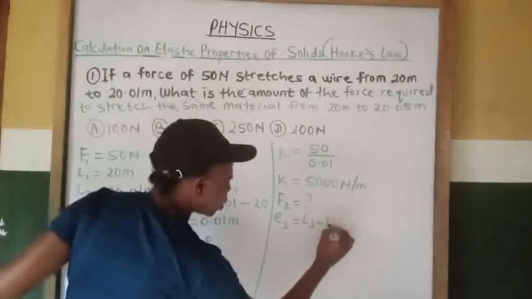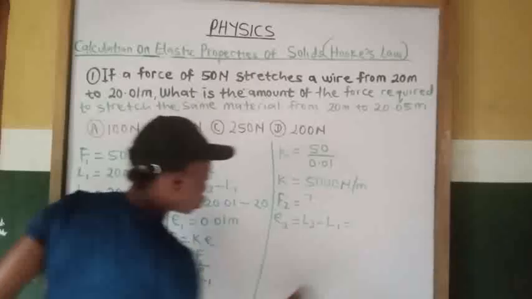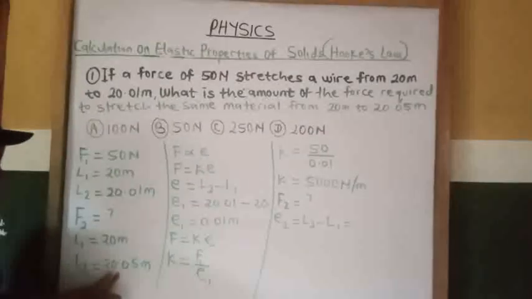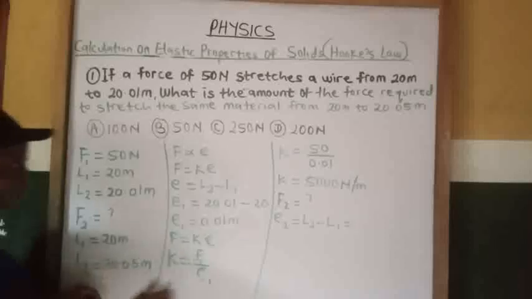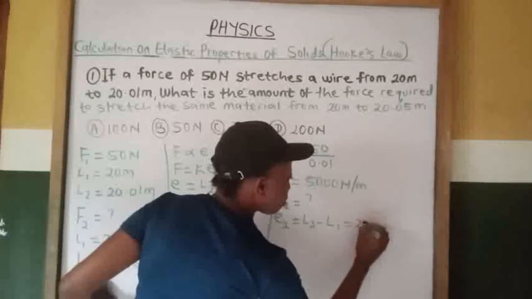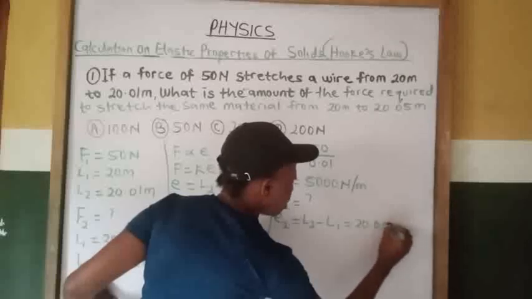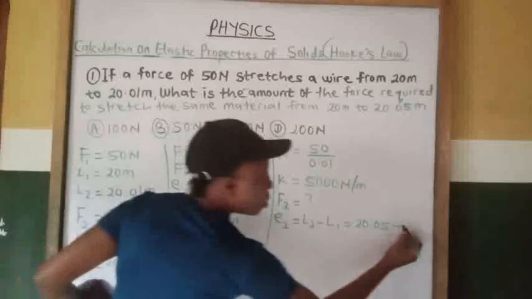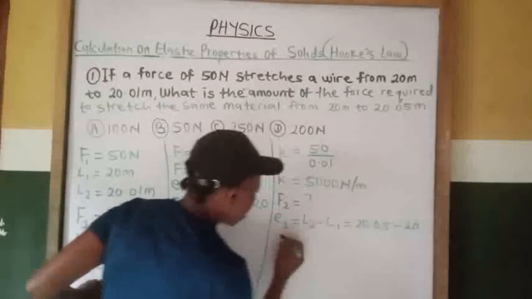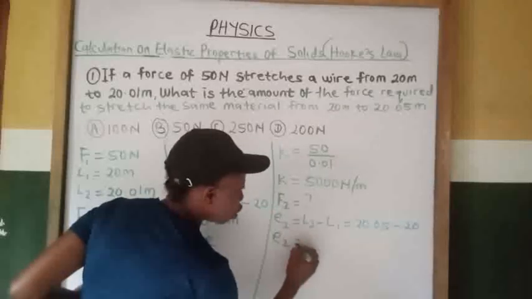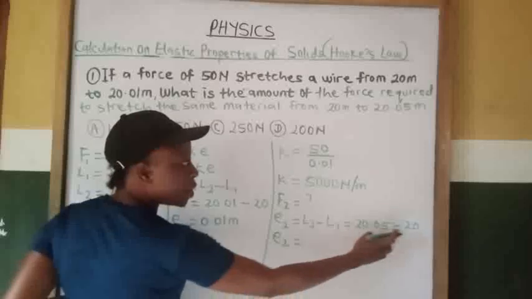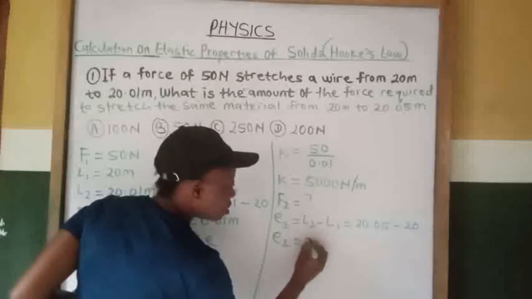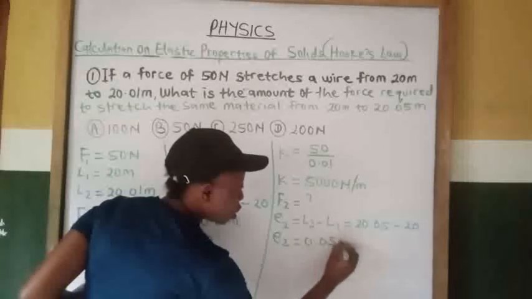L2 for extension 2 is 20.05 minus the original length, 20. So extension 2 will be equal to 20.05 minus 20, which will give us 0.05 meter.